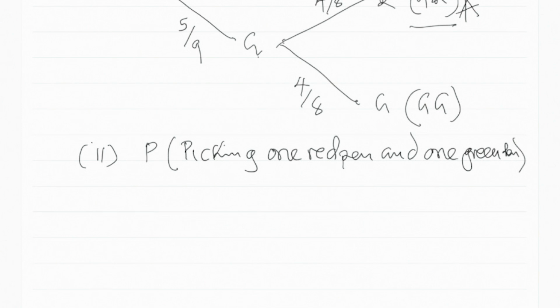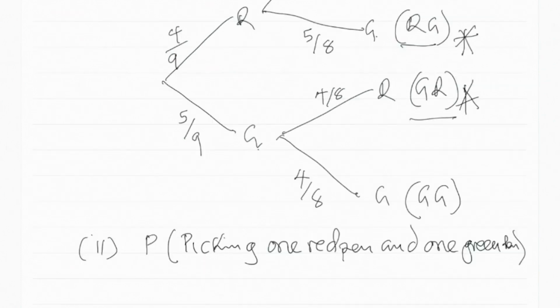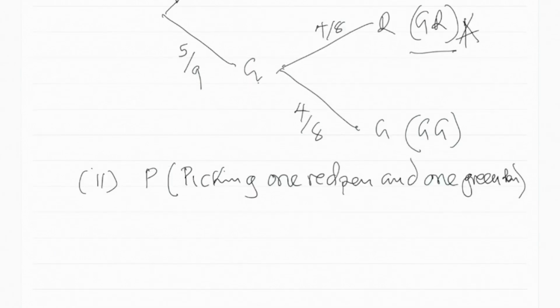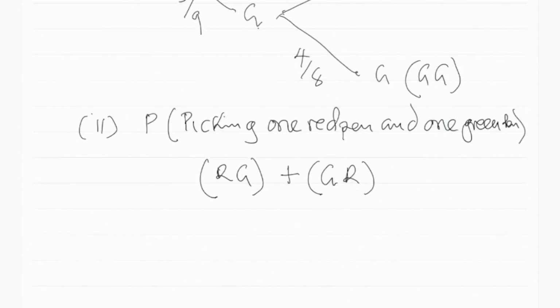So then, what are we going to do? What is the probability of red, green? In the first pick, the probability of red, green, we are going to add it to the probability of green and red. But then we need to understand what is red-green.